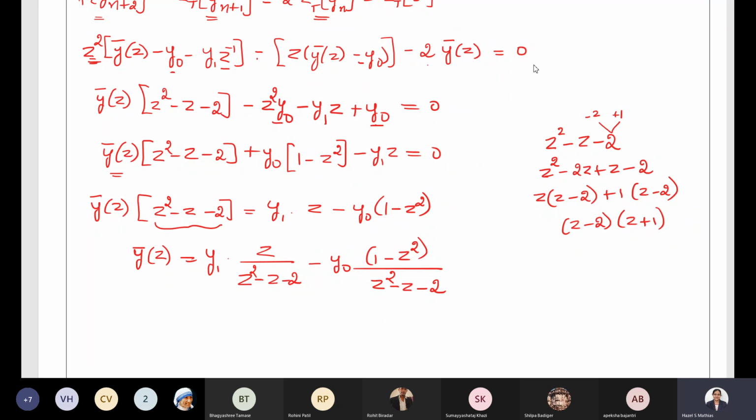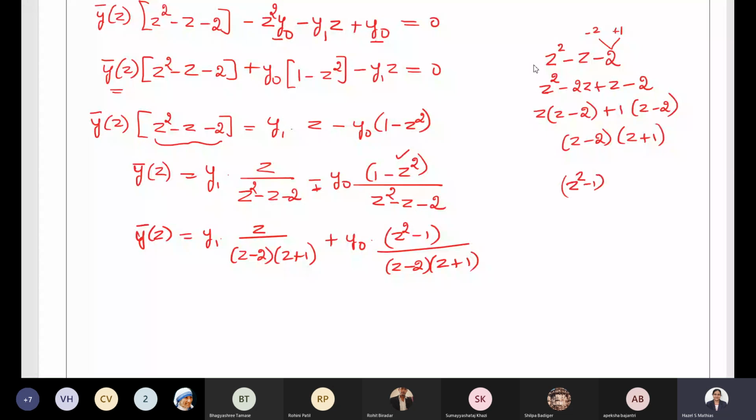My intention is to remove that z. Is it possible? Z square minus 1, can I write it as z minus 1 into z plus 1? Can we write? Yes, ma'am.